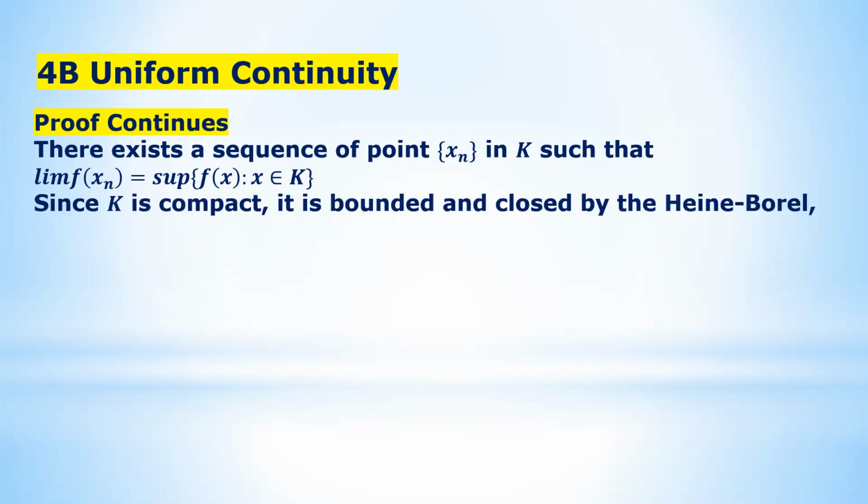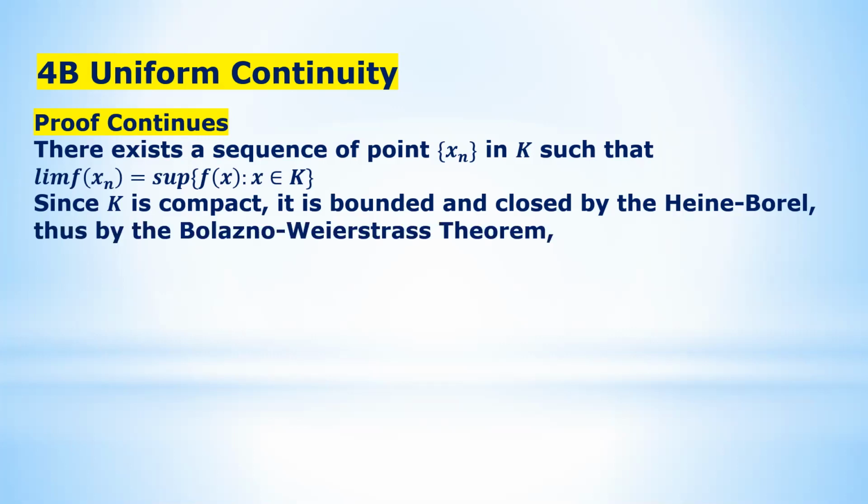Now here we use that K is compact, so it is bounded and closed by the Heine-Borel theorem. I'm going to use both conditions, K bounded and closed, for different purposes.